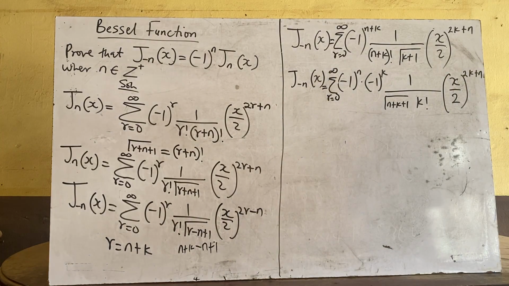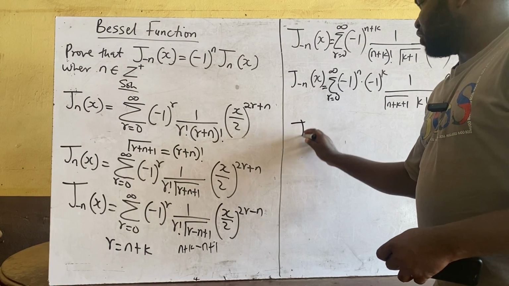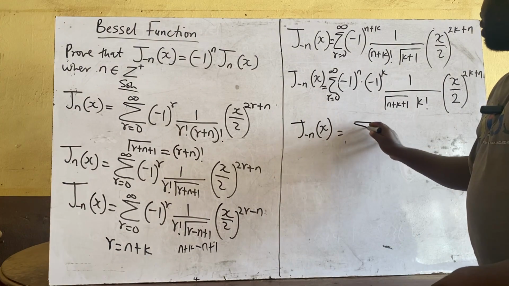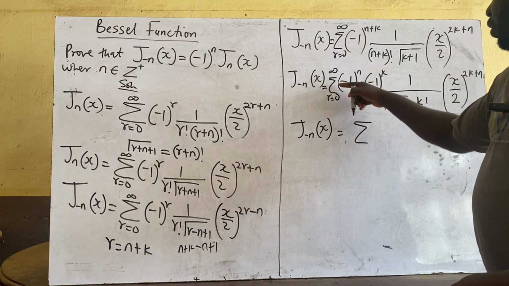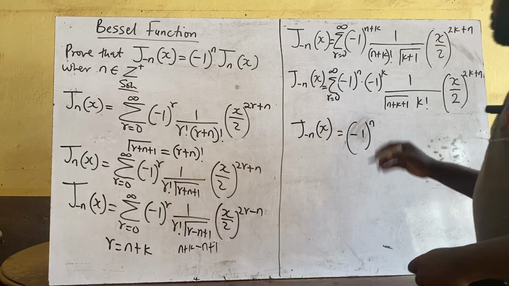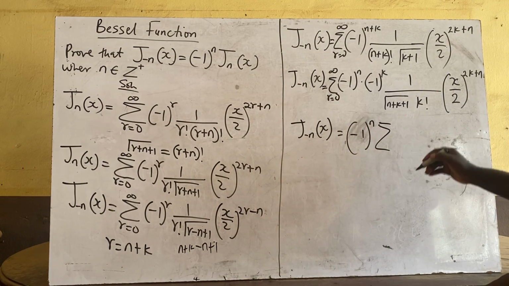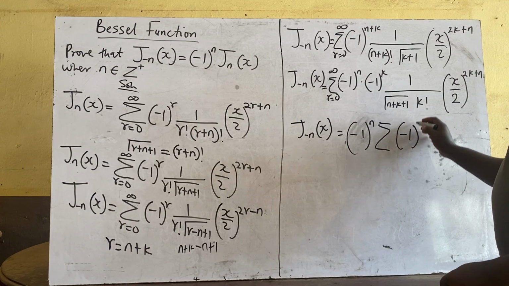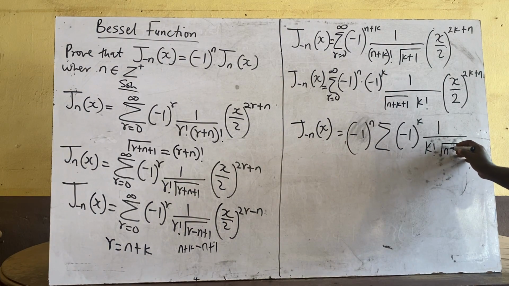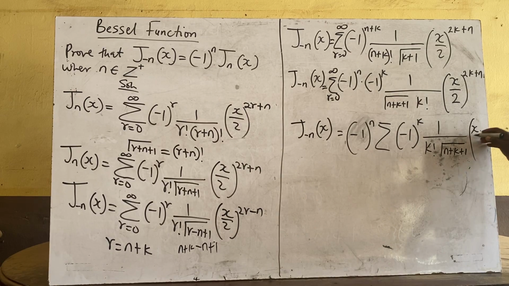Okay, so having this now, you will see that J minus n of x will now be the summation. This one can come to the back; I can have minus 1 raised to power n at the back. We'll now have the summation, and then I'm left with minus 1 raised to power k, 1 over k factorial, then the gamma function of n plus k plus 1, then x over 2 raised to power the same 2k plus n.